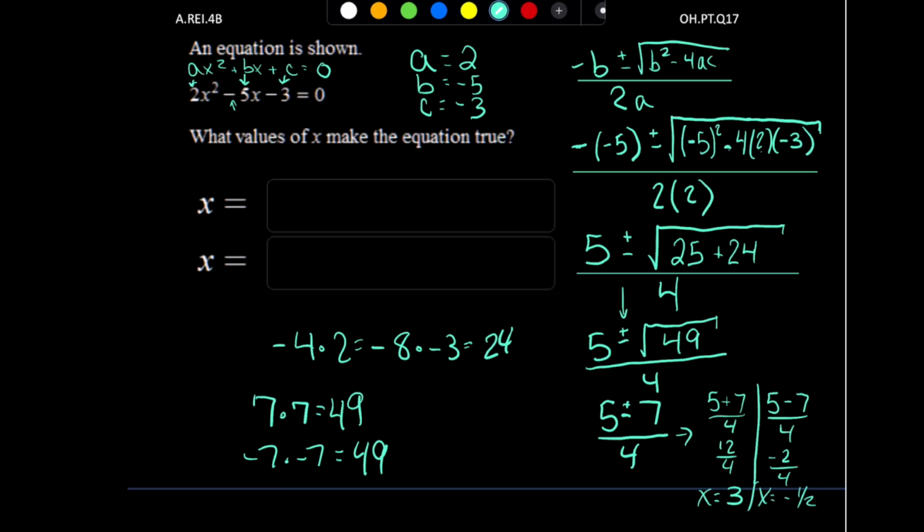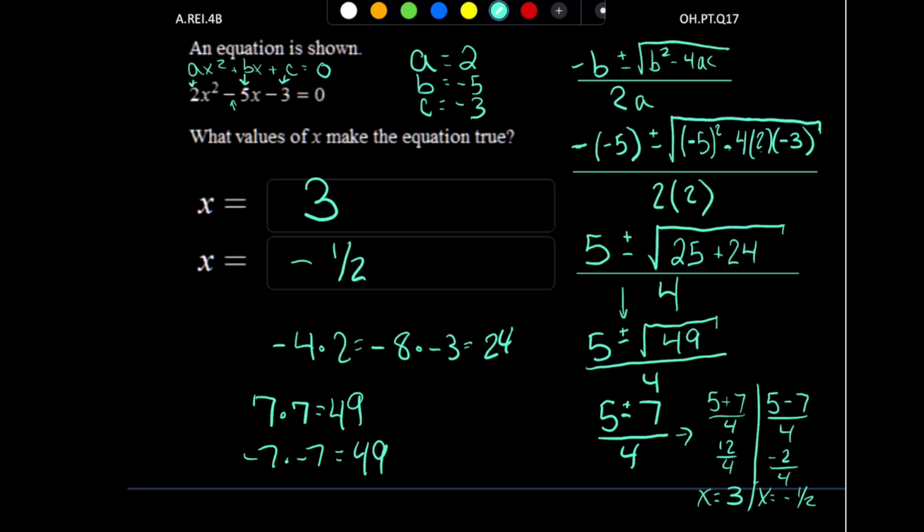These are both perfectly valid answers. If you plug these back into the equation, you will get 0. So you put x equals 3 and x equals negative 1/2. Okay? Take it step by step. Take your time. Don't rush.